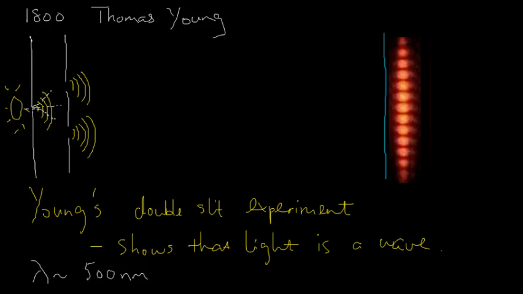So this setup ensures that the light is coherent. These two sources of light split up, spread out, and the parts that bend around would overlap when they reach the screen.